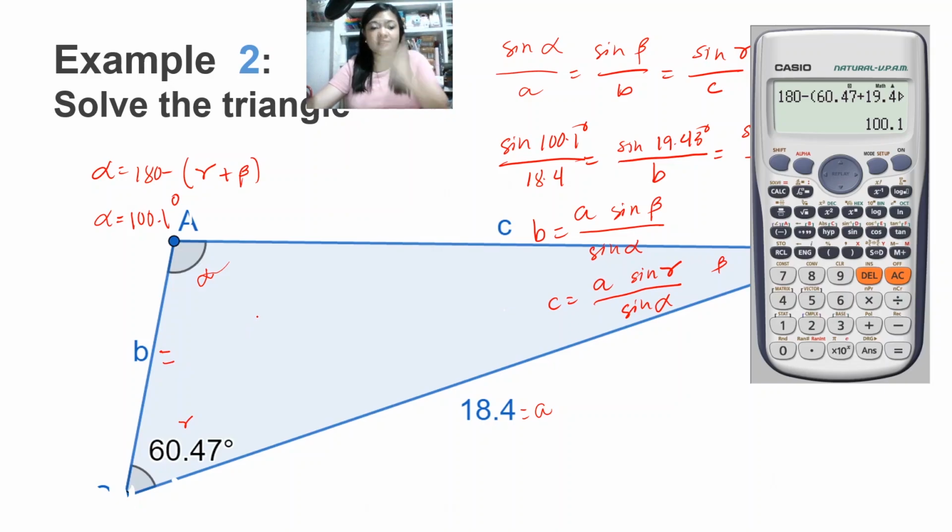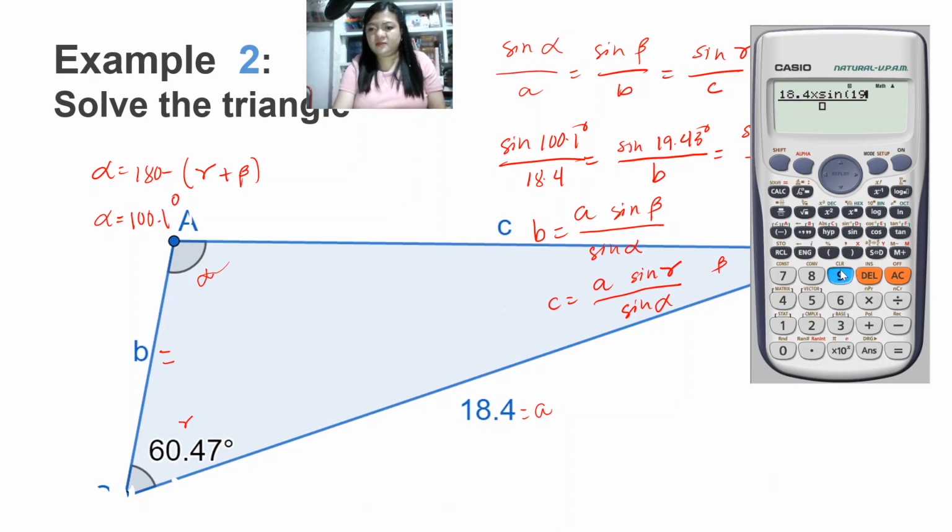Let's first get the length of B using the formula and our given. So B is equal to A, which is 18.4, times sine beta. So beta is 19.43.